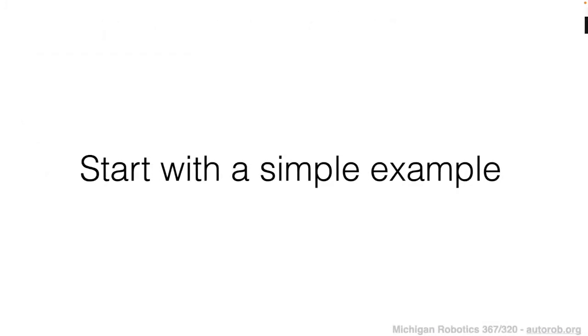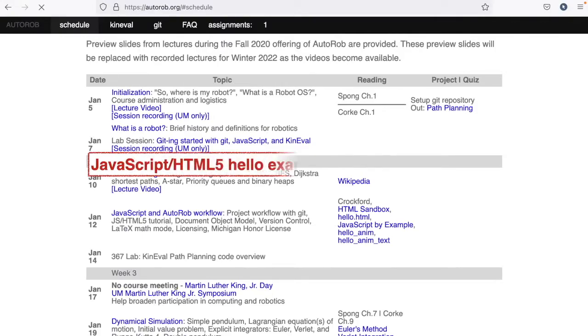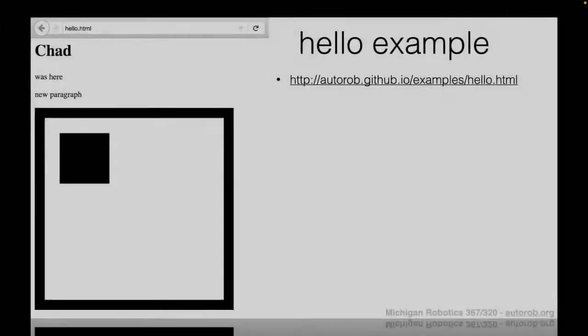All right, the best way of going through this is to step through an example. We have an example on the course homepage. If you go down to schedule and look under the lecture for today, we have this hello.html example. We'll use this to step through the document object model and see step by step what it looks like.